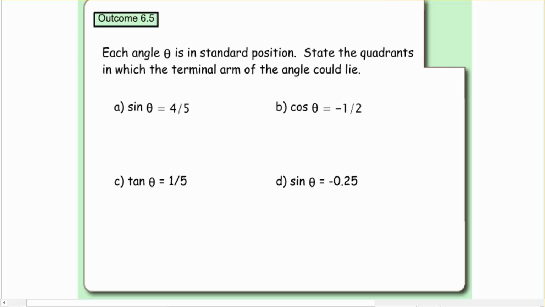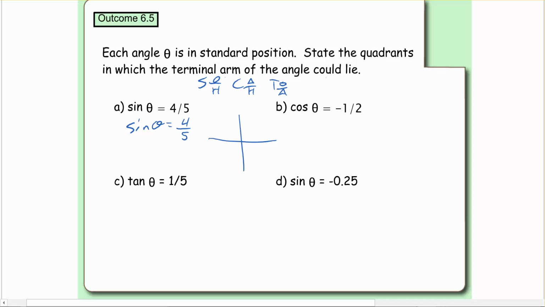So the first one, we've got sine 4 over 5. Okay, so sine, remember, if we go SOHCAHTOA, sine was opposite over hypotenuse.